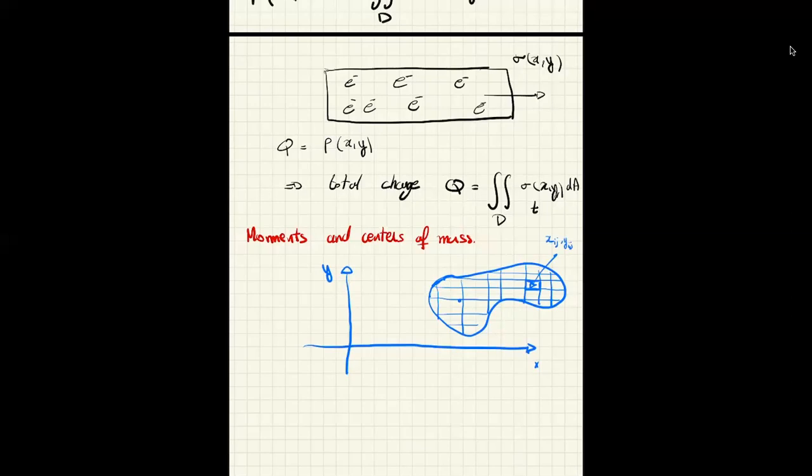For this point, there will be a distance from the x-axis, which we call x_ij star, and this is y_ij star, and then the distance here will be x.